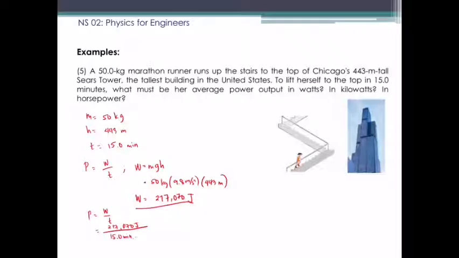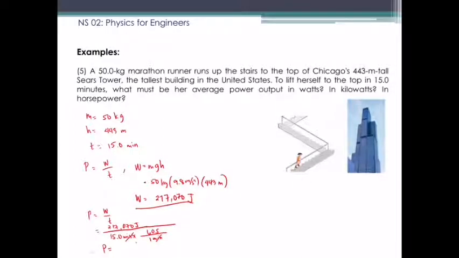So, we have to convert this one. 1 minute is 60 seconds. So that, this is joules per second.